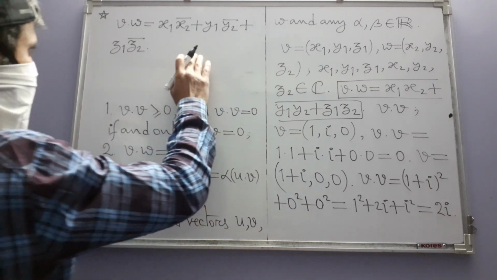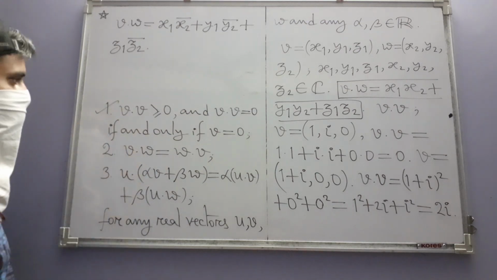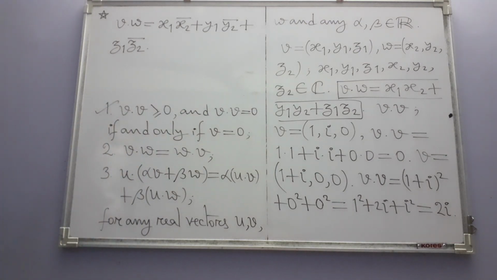Okay. Now do we get, say, property 1? What do I get?